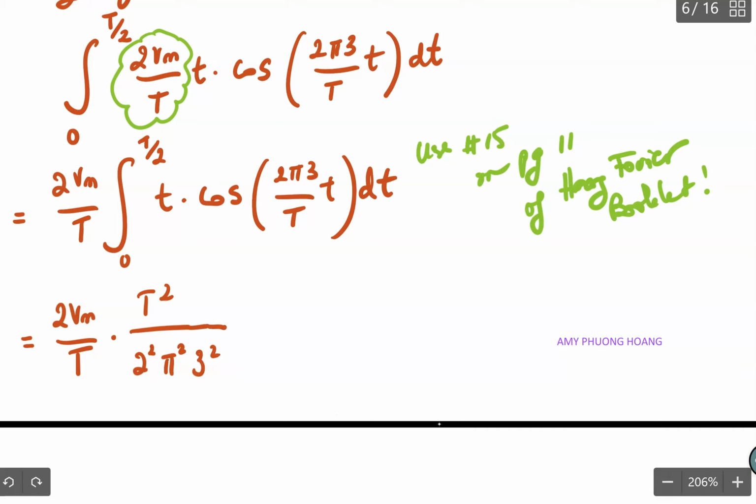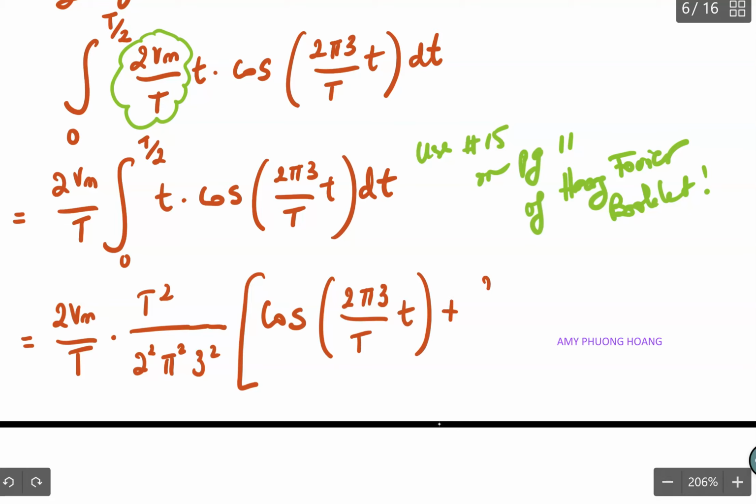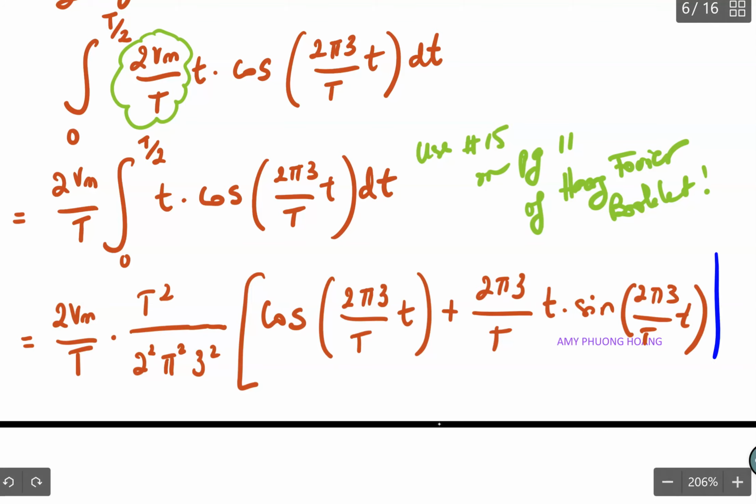Now inside the bracket I should have cos of 2 pi times 3 over T, and I add that with 2 pi times 3 over T, and then times sine of 2 pi 3 over T times t, and I need to evaluate this from 0 to T over 2.